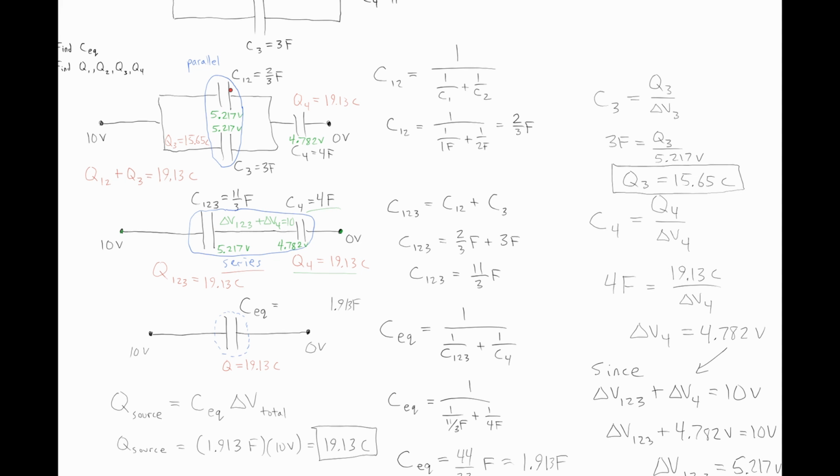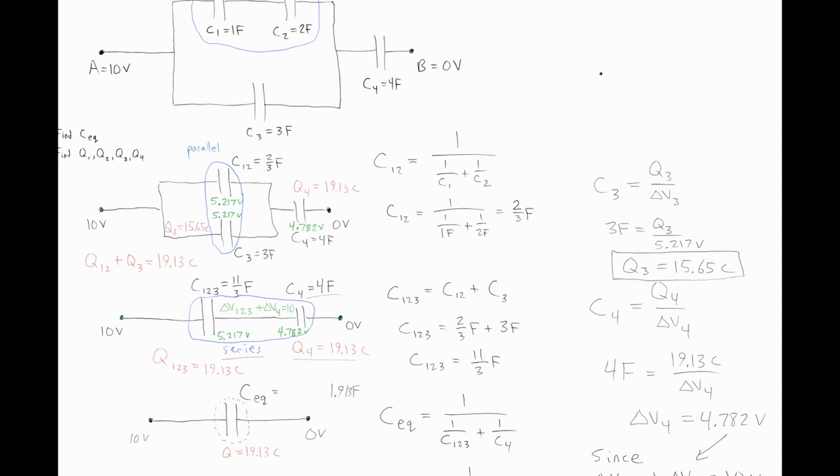So can we find the charge that's on the upper capacitor? Yeah, we could just do the same kind of calculation. We could do C12 equals Q12 over delta V12. That would be fine. So 2/3 farad equals Q12 over 5.217 volts.